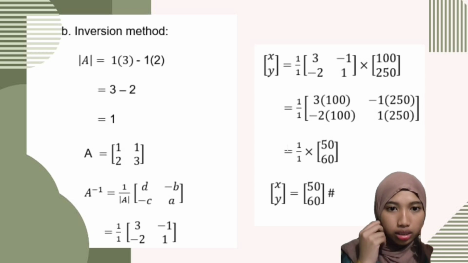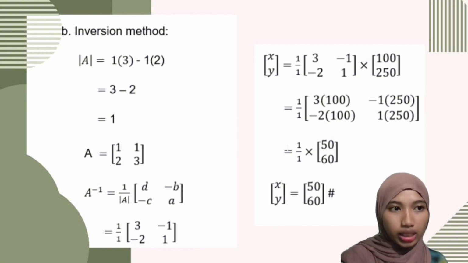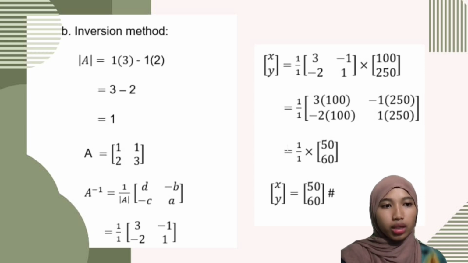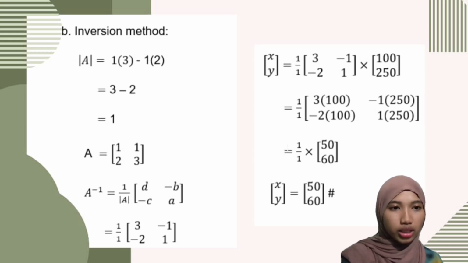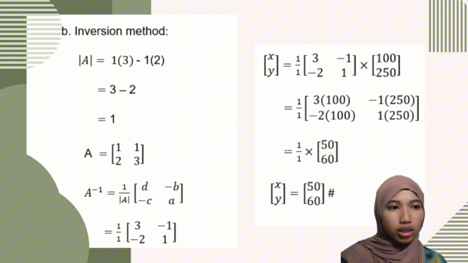The first step is we need to calculate the determinant of A. So the determinant of A is 3 minus 2, equal to 1. Then we find the inverse of matrix A. So the inverse of matrix A equals 1 divided by the determinant, times the matrix.